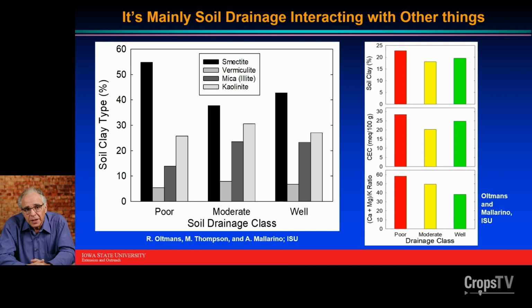So it is mainly the drainage, but it seems that it also interacts with the soil clay, the CEC, something like that. But, of course, drainage is much easier than measuring all those things that are expensive. And the one thing I want to say is that it doesn't matter if the soils are tiled. This happens even when the soils are tiled.